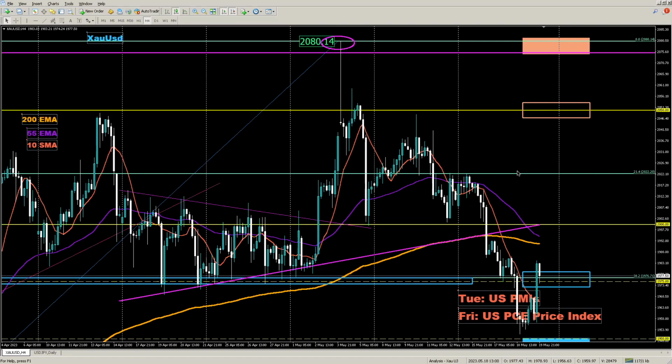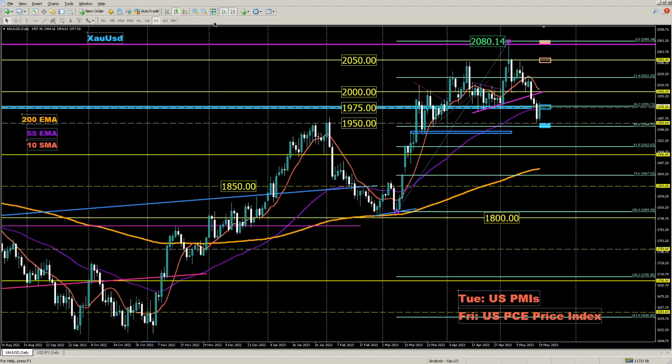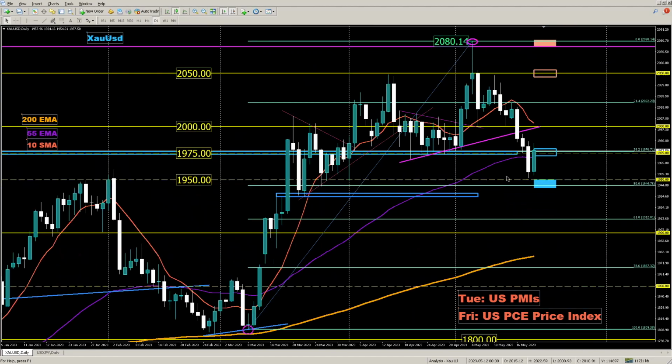But due to the banking stress, there could be a pause after that, as it seems to be reaching a turning point. And we'll see from this coming Friday's PCE price index whether the preferred inflation gauge for the Fed has any slowdown.